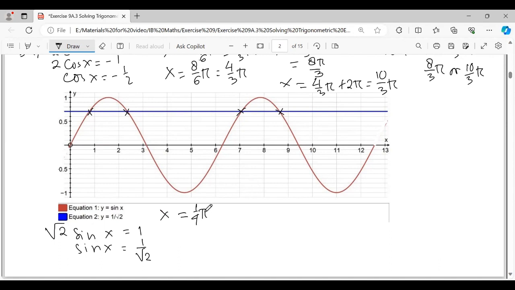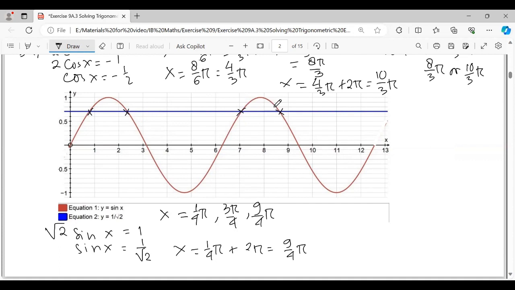Okay, or pi over 4. And then after that, just now 3, 4. Okay. After that, we are going to find this one. Plus 2 pi. 9/4 pi. So this is 9/4 pi.